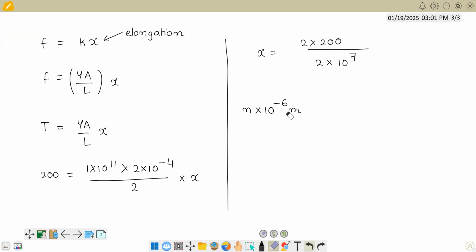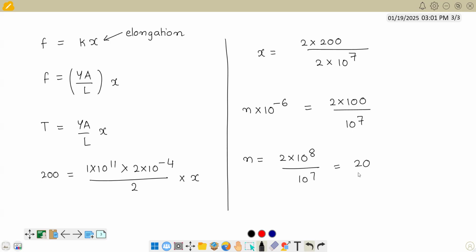Don't try to solve the problem and convert later. Directly in place of x, write N into 10 power minus 6 equals 2 into 100 divided by 10 power 7. If I take 10 power minus 6 to the other side, it will become 10 power plus 6. So N equals 2 into 10 power 8 by 10 power 7, which is nothing but 20. Directly we get the answer that we need to fill in the blank. So N value is 20.